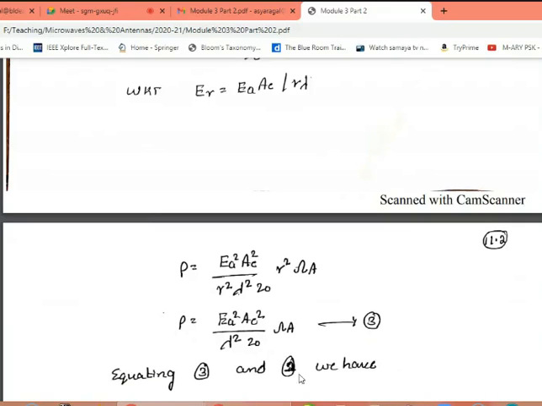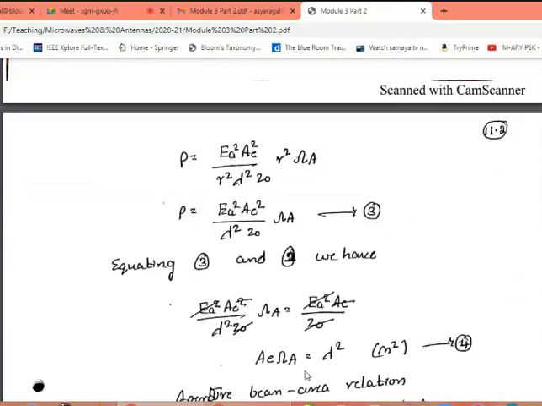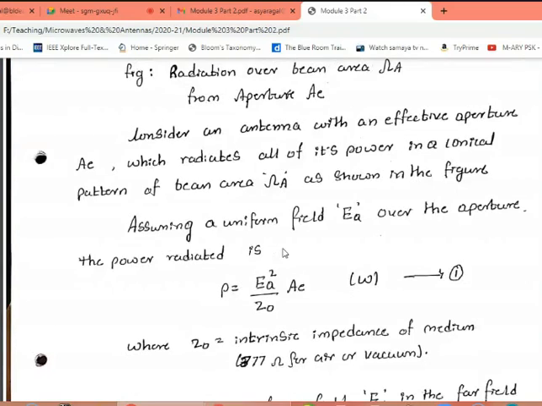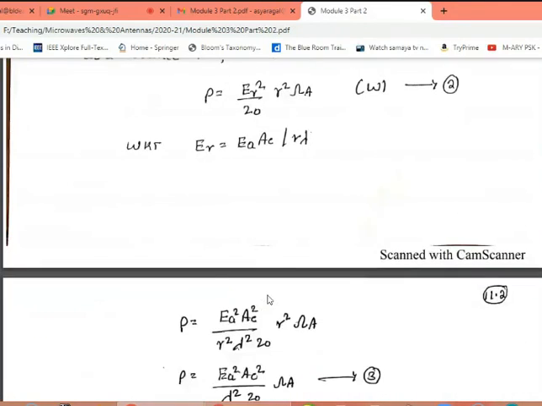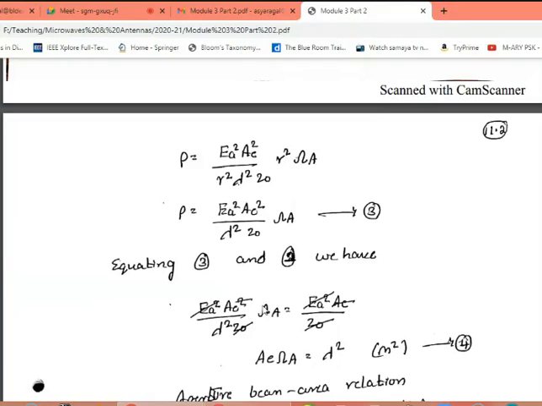Equating equation number 2 and 1: equation 1 is the power radiated for the uniform field E_A over the aperture, and that power equals the power we have at present. So E_A squared A_E divided by Z naught equals E_A squared A_E squared divided by lambda squared Z naught into beam area.